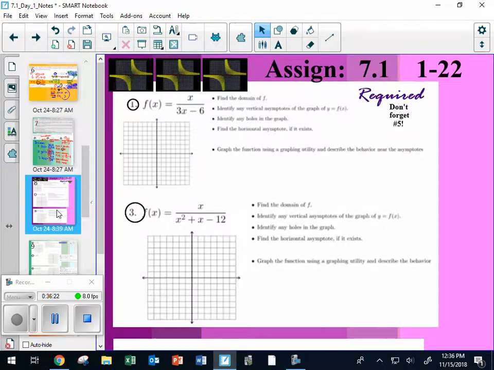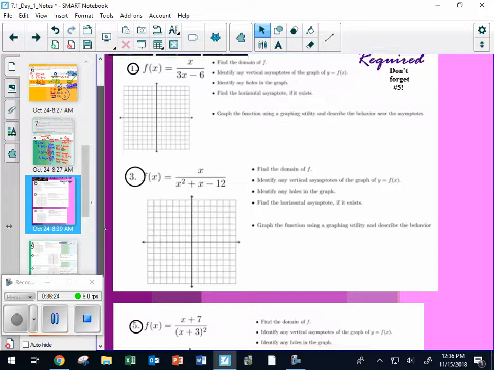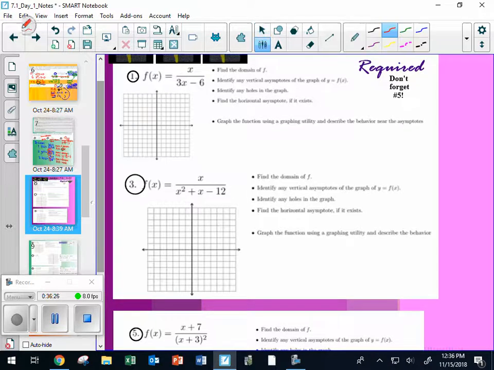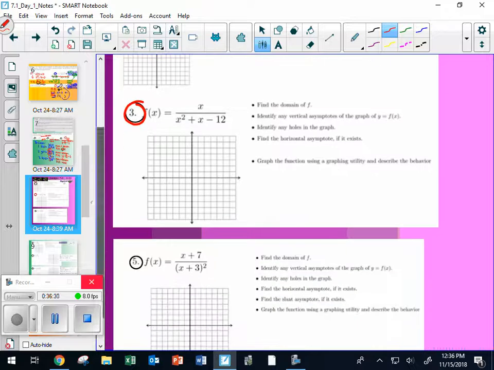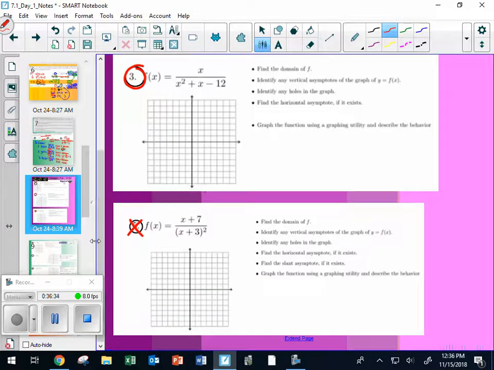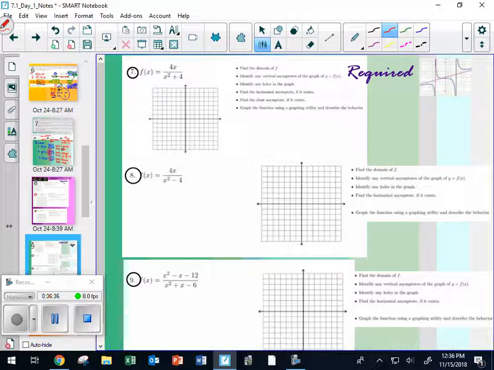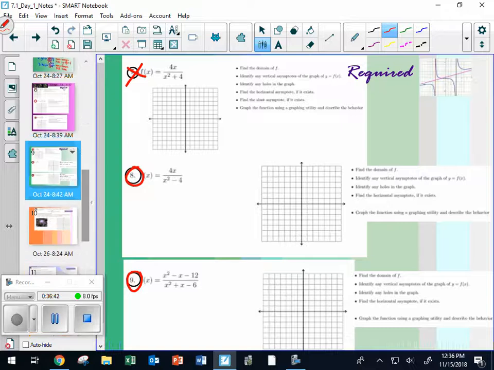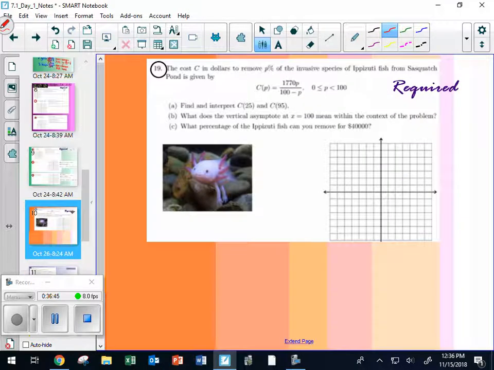All right. So if you look on this homework here, I would like you to do 1 and 3. Skip 5. And on this second page, skip 7, but do 8 and 9. And then on this third and final page, I would like you to try this one as well.